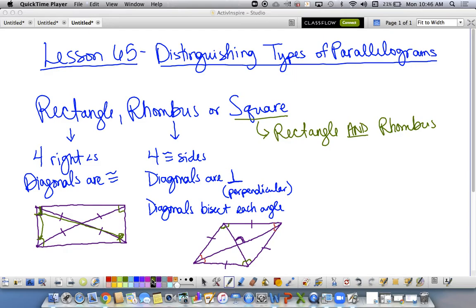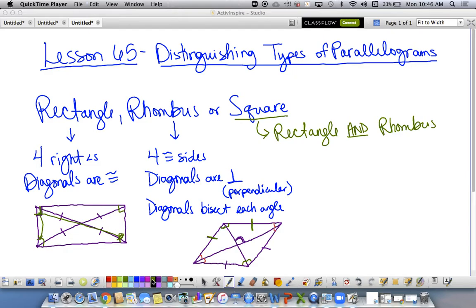If consecutive sides of a parallelogram are congruent, then the parallelogram is a rhombus. So all you have to know are two consecutive sides. Consecutive just means beside each other. If two side lengths beside each other are congruent in a parallelogram, then it must be a rhombus.